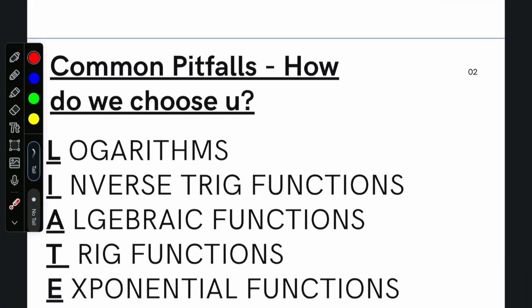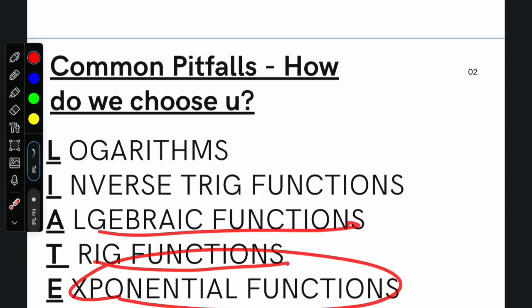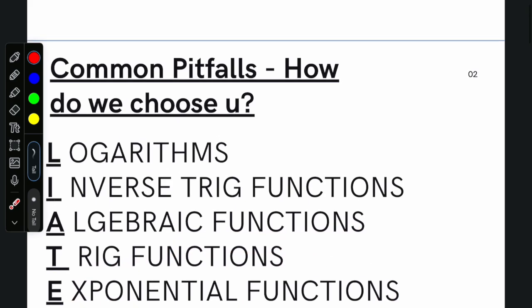The key thing here is to remember an acronym called LIATE. So it's logarithms, inverse trig functions, and algebraic functions, and then normal trig functions, and then exponential functions at the bottom. You could probably guess what this acronym is for, and it's actually you use it to choose u.